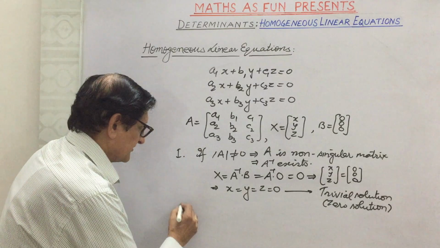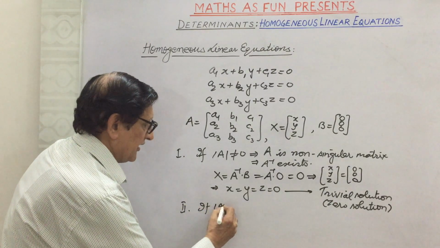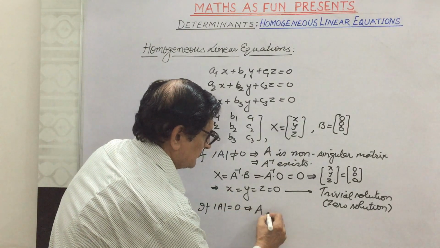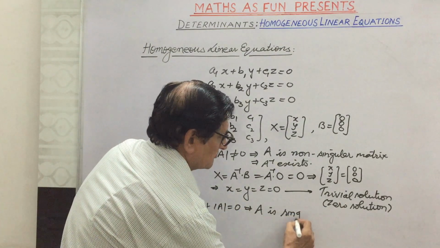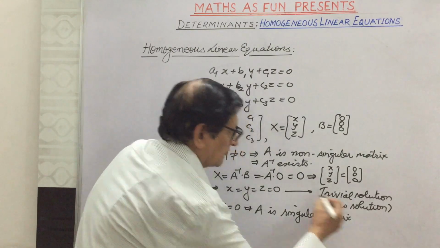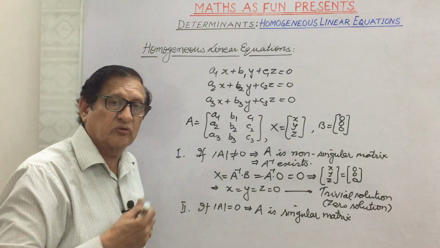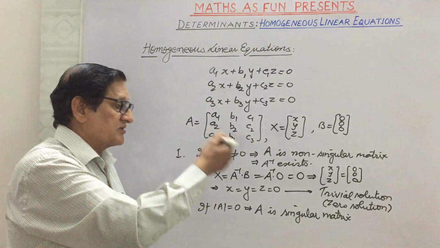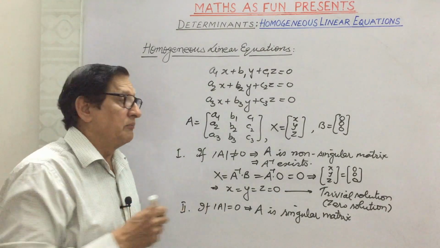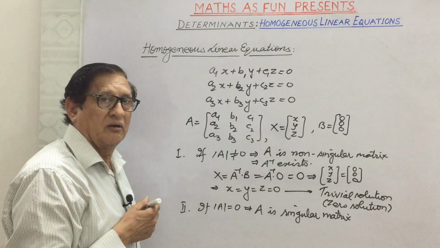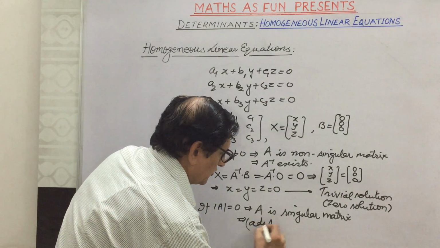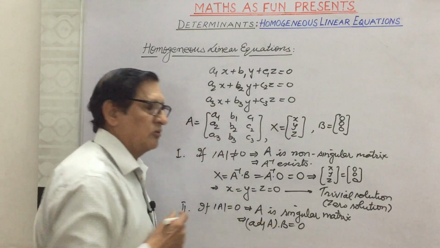The second case: if determinant A is equal to 0, it means A is a singular matrix. Then we say A inverse does not exist. And in this case, we were finding adjoint A into B. But since B is 0, here adjoint A into B will always be 0.